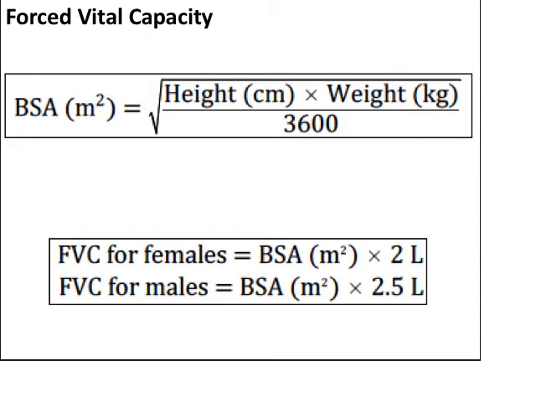If you're a female, you want to add 1.1 liters to your forced vital capacity, and if you're male, add 1.2. And this will give you an estimate of the total lung capacity. Okay? And you can again record this in the data table. Okay. All right. So next on tap is forced vital capacity.